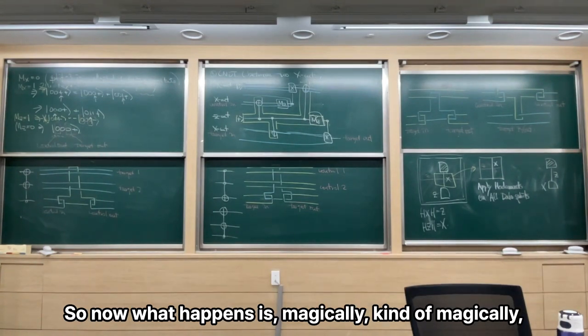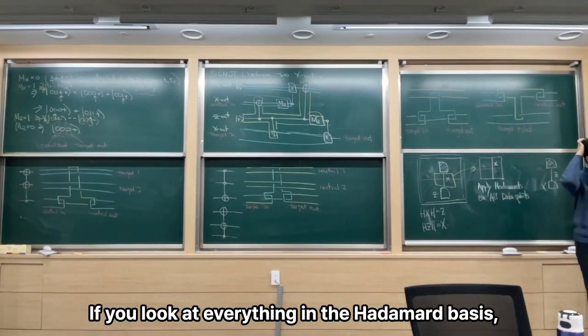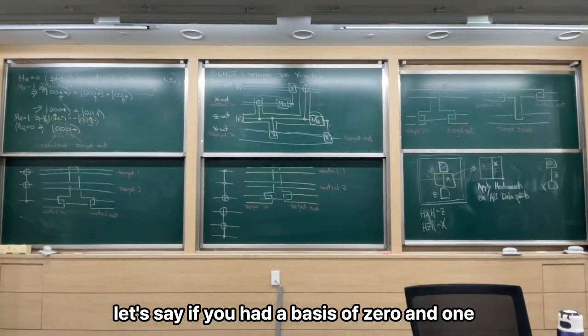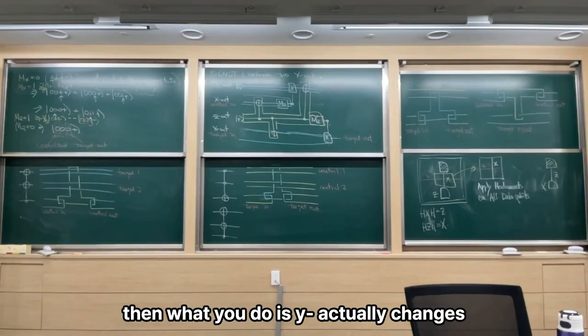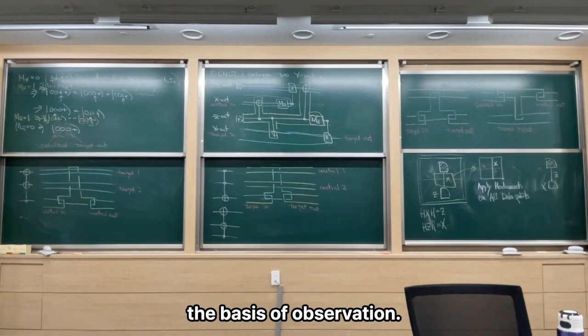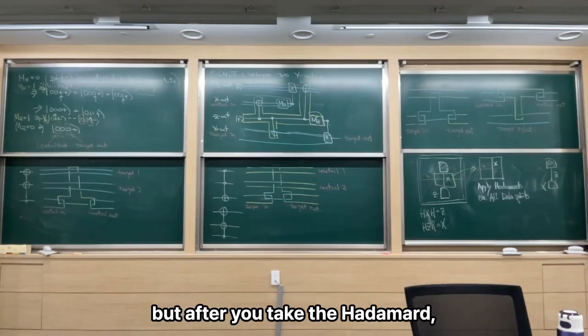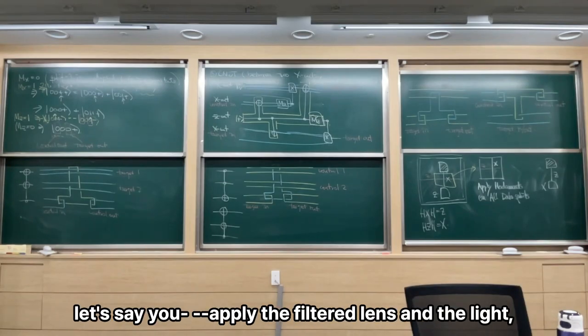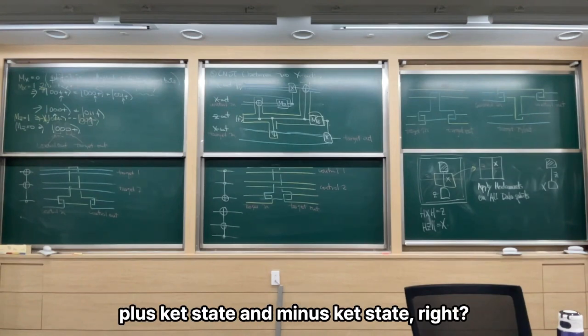Now what happens is, kind of magically, well, not magically, it's mathematics. If you look at everything in the Hadamard basis, say you had a basis of 0 and 1 but you applied Hadamard on that qubit, you actually change the basis of the observation. You were observing the data qubit in the basis of 0 and 1, but after the Hadamard, as if you applied a filtered lens on the light, your basis changed to the plus ket state and the minus ket state.